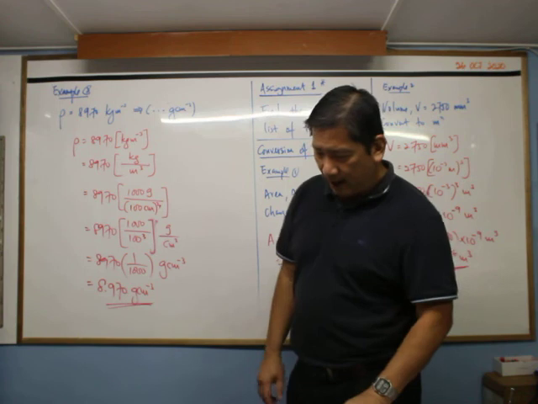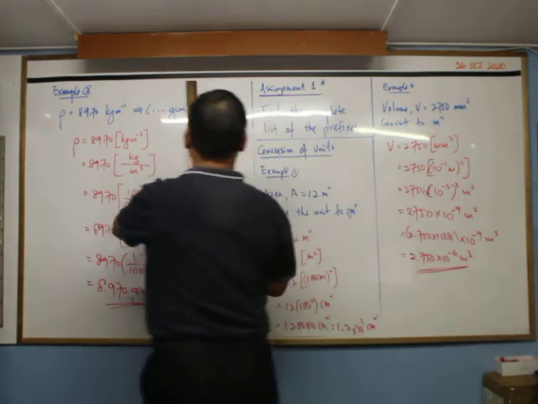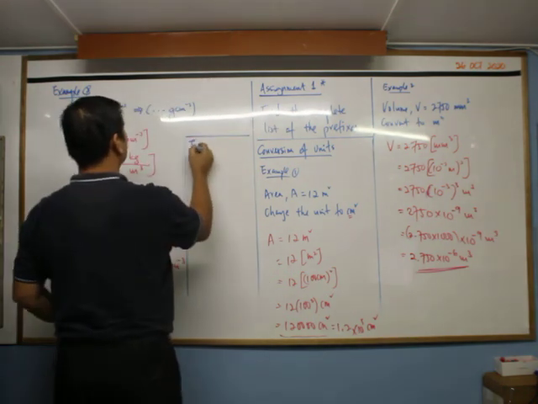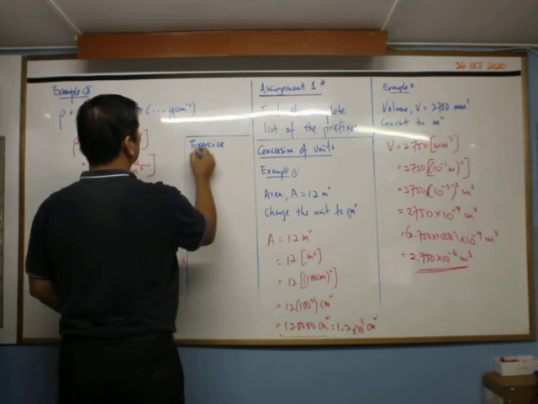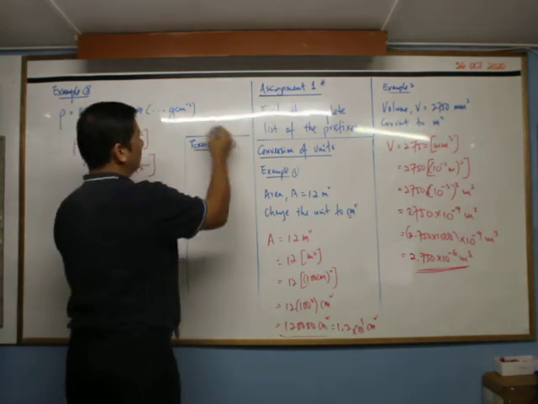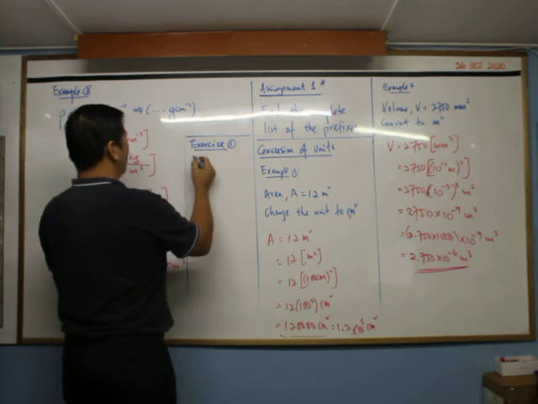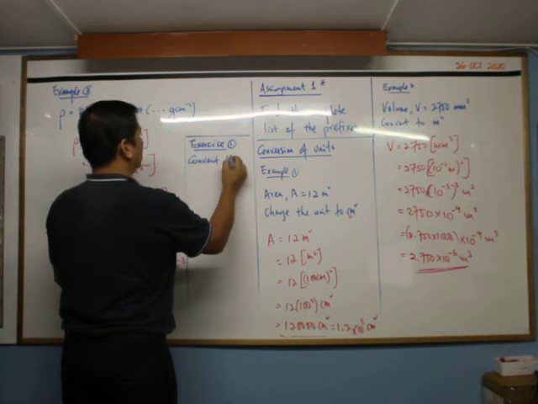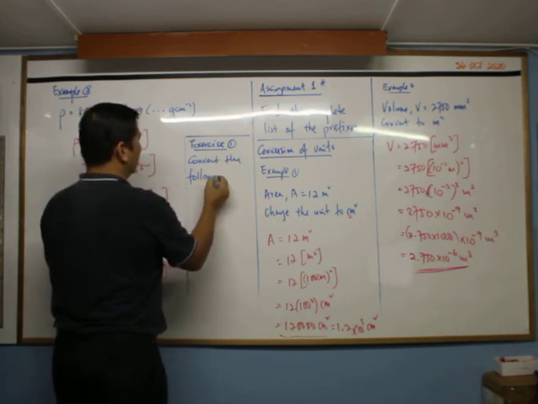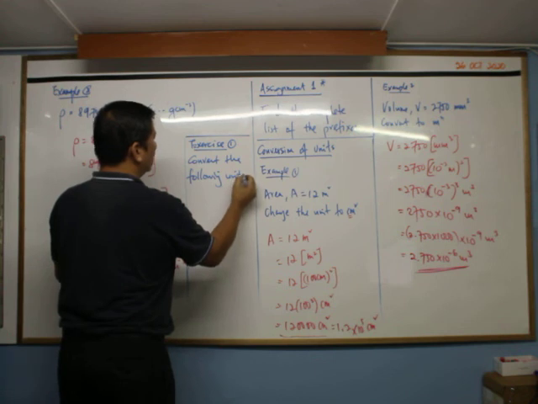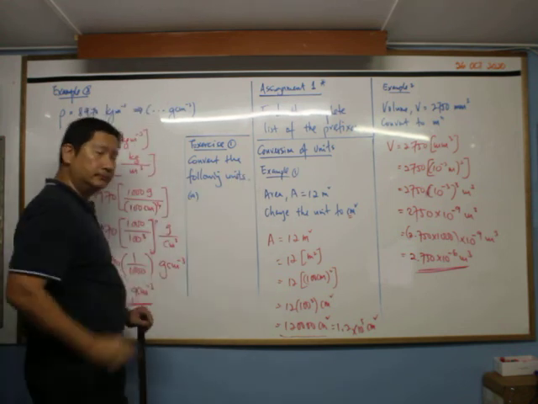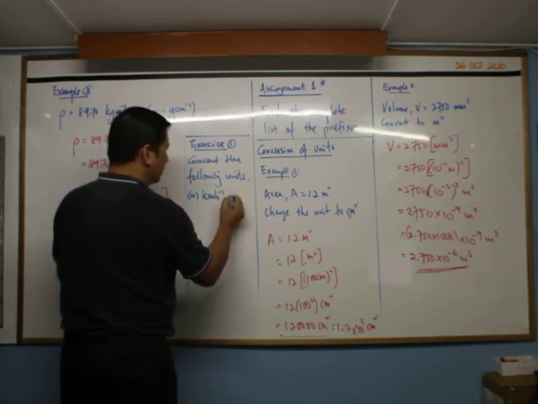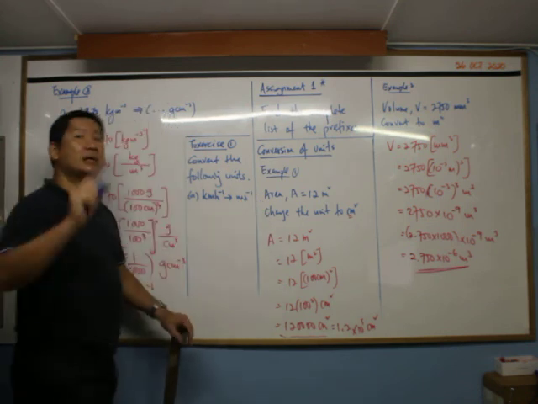Now I give you one exercise. Exercise 1. Convert the following units. A, kilometer per hour to meter per second.